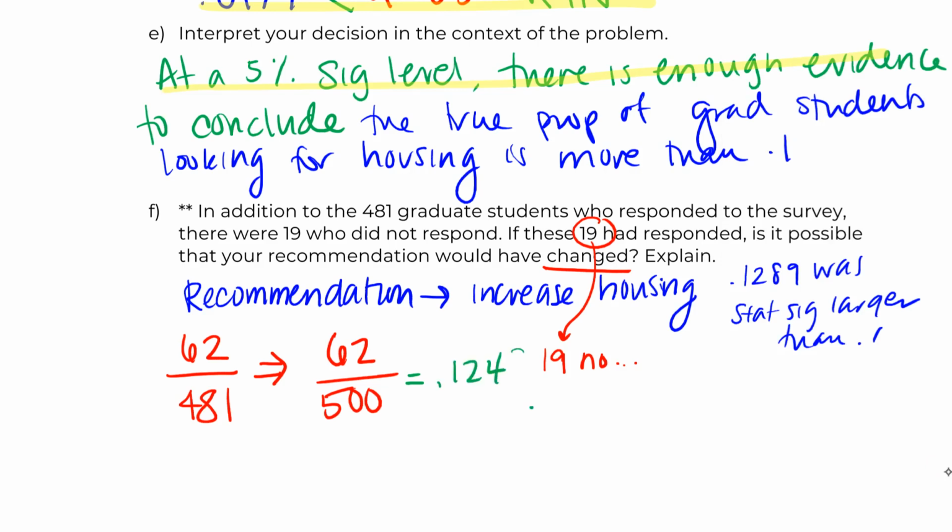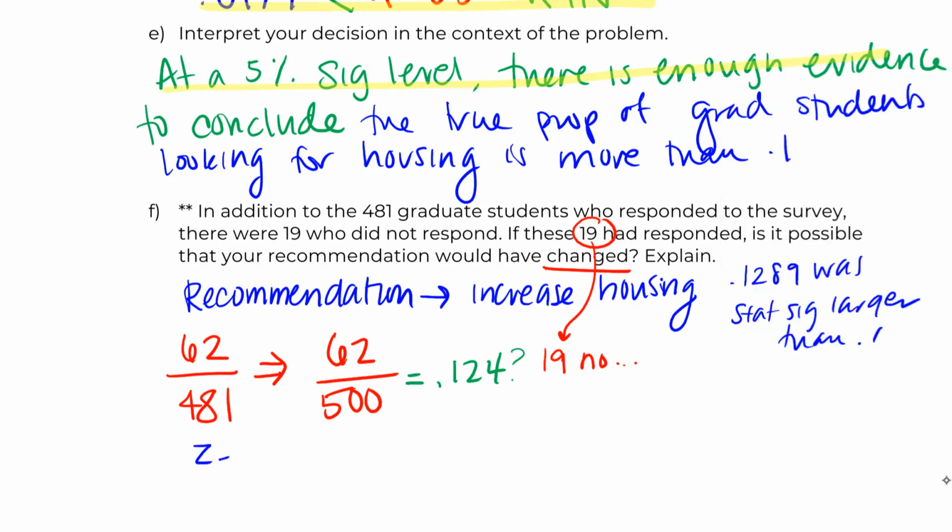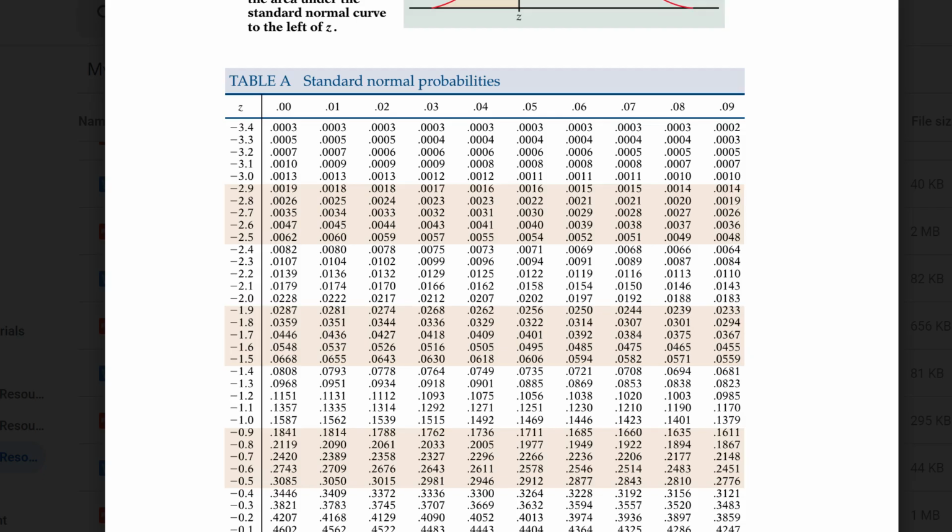And the question is, is this statistically significant still? So we have to rerun the entire test, which is easier if you have a big calculator, but I'm just going to bring back some of the work I did before because it's not that bad. I'm going to go back up here and change that to a 4. So it would change our z to 1.75. If I look up negative 1.75, I end up with 0.0401.